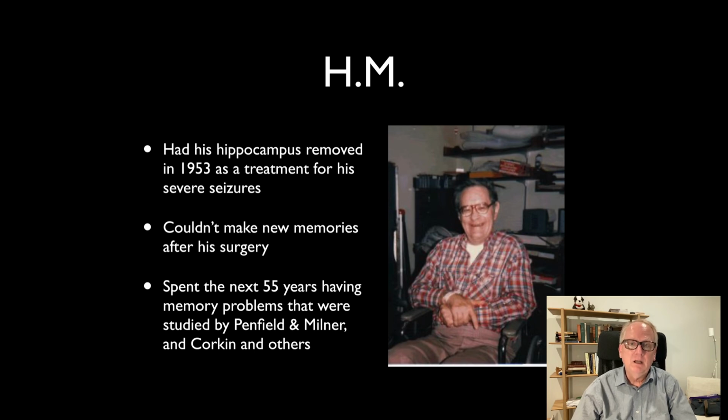They learned a lot about memory, about how memories were created and how the hippocampus seems to be an important part of that, all from this one patient, this one case example of somebody who had had his hippocampus removed. So again, very intensive studies, many papers done about this one individual because he was exceptional. Exceptional in the sense that he's one of these poor, unfortunate souls who had his hippocampus removed to have his seizures treated.